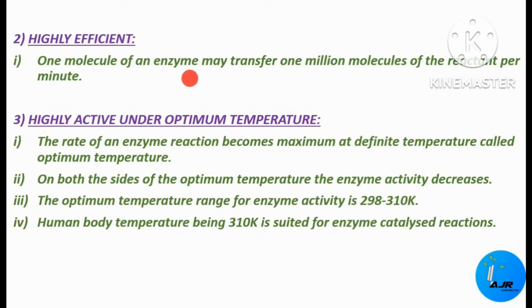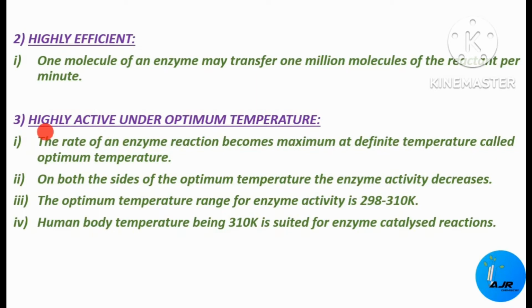They can speed up reactions up to 10 million times as compared to uncatalyzed reactions. So reactions catalyzed by these enzymes undergo up to 10 million times higher speed than those which are uncatalyzed.